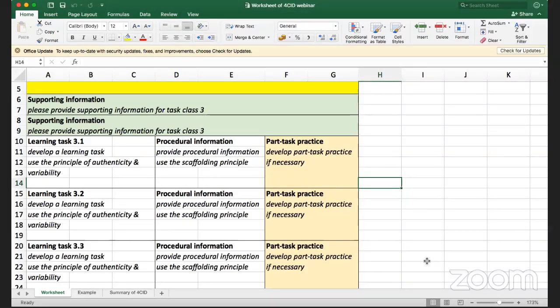Okay, 2 more minutes. One minute. I'm counting down.